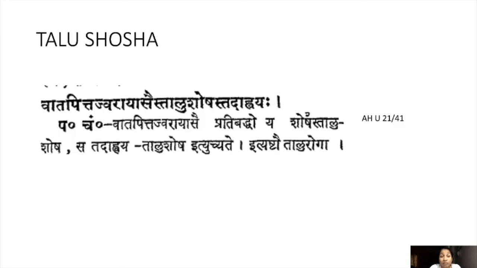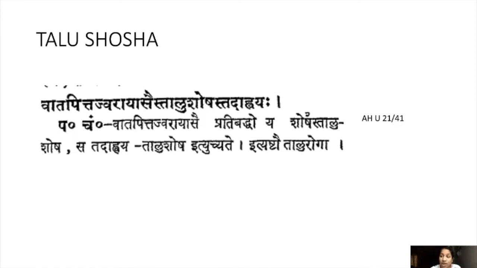The last disease according to Ashtanga is Talu Shosha. Shosha you know, right? So atrophy of palate, that is Talu Shosha. Vada Pitta Jwara Ayasaih Talu Shosham Tadahvayam. So here Vada and Pitta will get vitiated, otherwise because of Jwara or Ayasa, exertion, also there will be Talu Shosham.